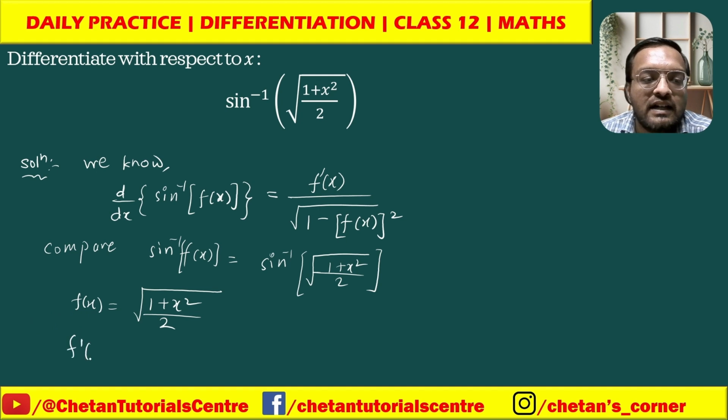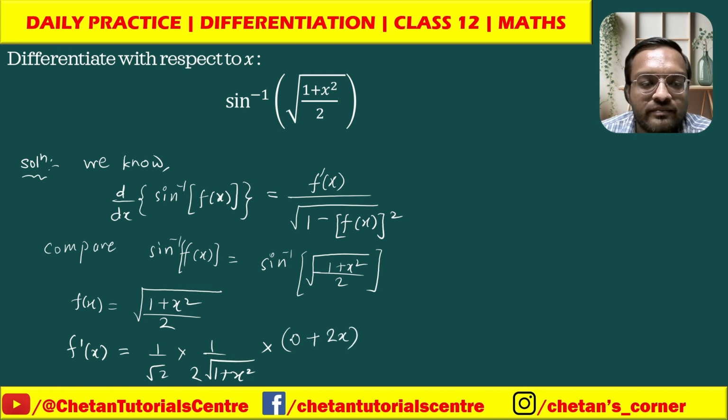Then what I will get? F dash of x is equal to 1 upon root 2 into 1 upon 2 root 1 plus x square multiplied by the derivative of 1 plus x square, that is derivative of 1 with respect to x is 0 plus derivative of x square with respect to x is 2x.